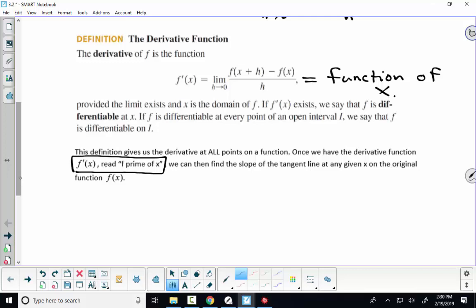So it still maintains the same function name. It's just a prime to indicate that it's the first derivative. Okay. So modification, replacing a with x, gives us an output of a function of x, which is the slope of the tangent line at all x locations on a function.